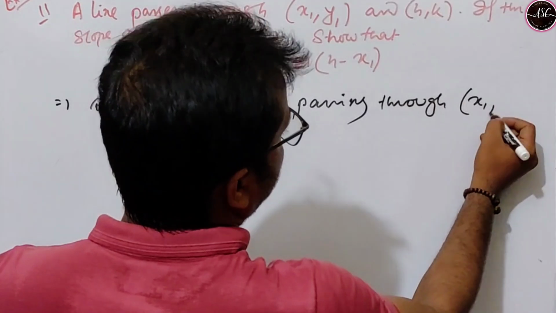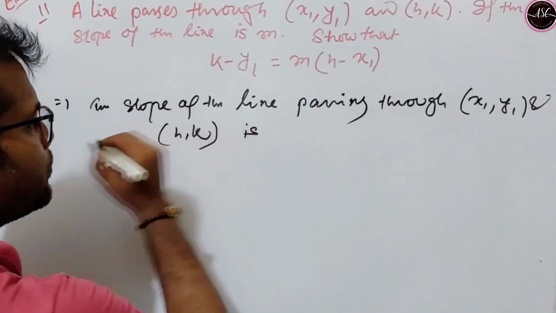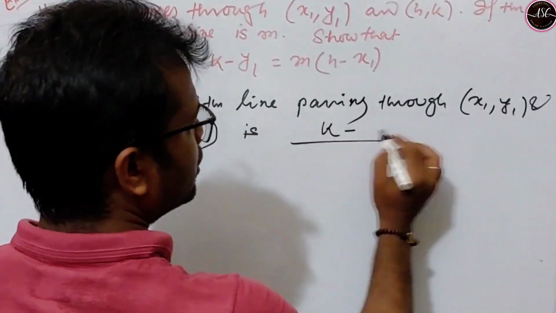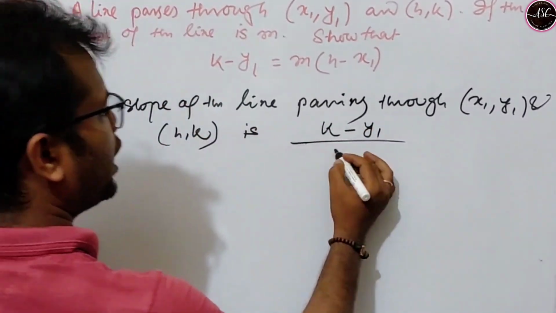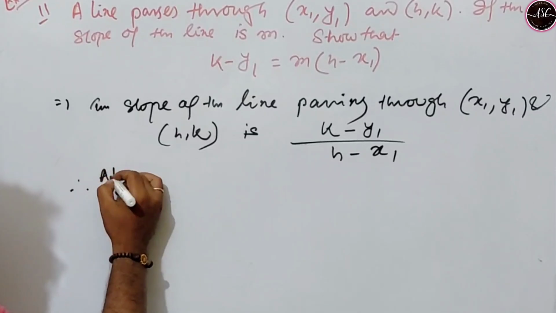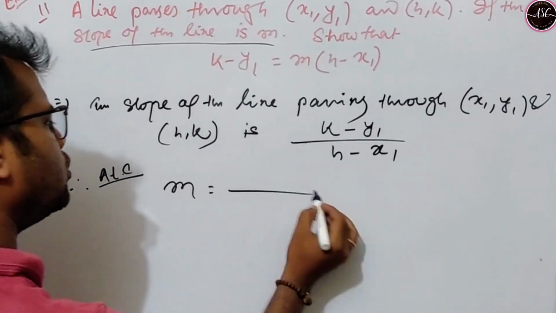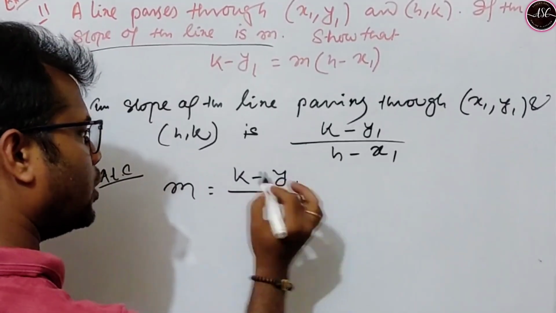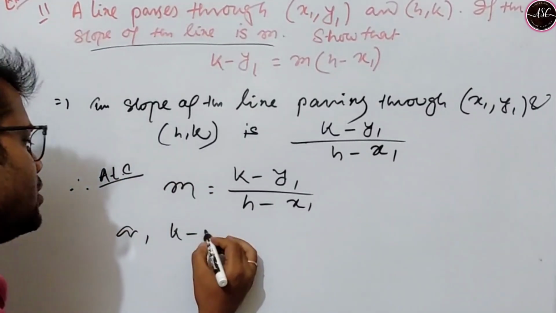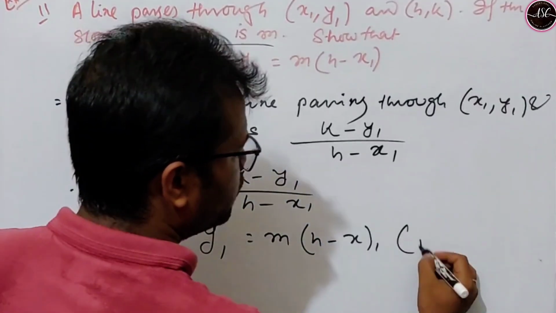Here y2 equals k, y1 equals y1, x2 equals h, x1 equals x1. According to the condition, the slope of the line is m, so m equals (k minus y1) divided by (h minus x1). If we cross multiply this, we get k minus y1 equals m into (h minus x1). Proved.